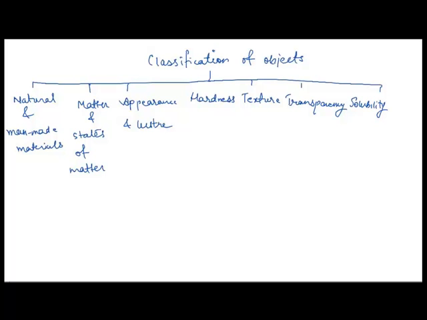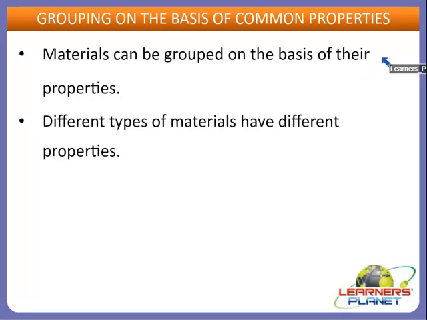So these are some of the ways with which we can classify objects, and we will study all of them in detail. So now let us start with the first category of the classification of objects: grouping on the basis of common properties.